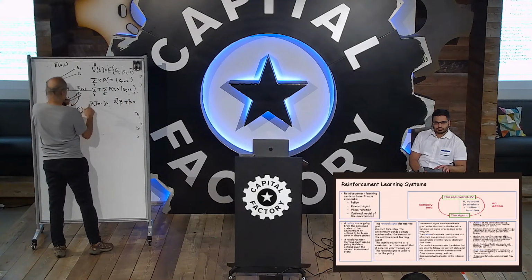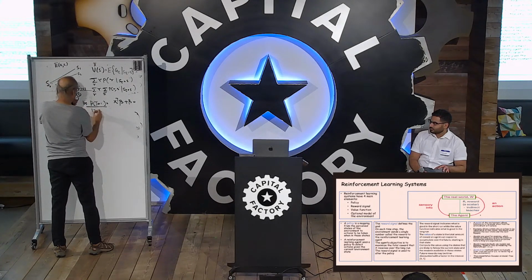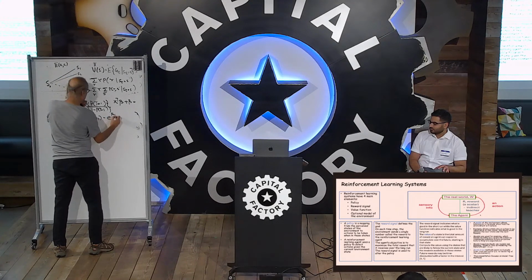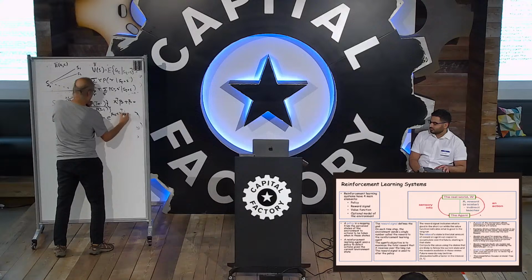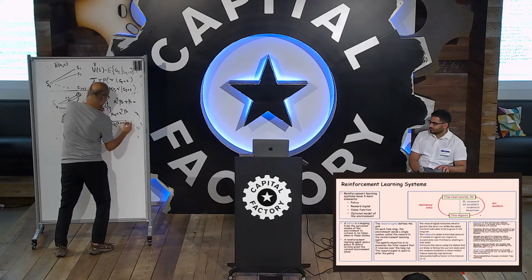Actually, I lied to you. This is the log of p over 1 minus p, which means that the probability of T equal to 1 is e raised to the power of beta naught plus X transpose beta, divided by 1 plus e raised to the power of beta naught plus X transpose beta.